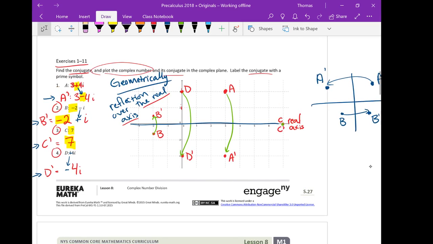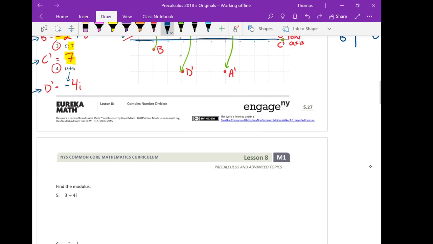But that's not what we're seeing here. We're seeing it being reflected over the real axis. So algebraically, we just change the sign of the imaginary part. Geometrically, it gives us a reflection over the real axis. So those are two important takeaways for today.